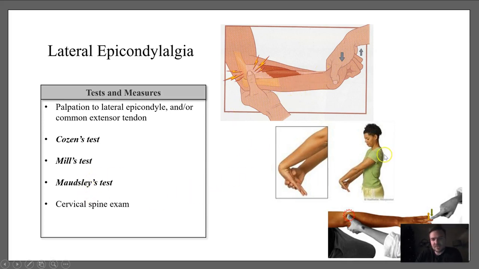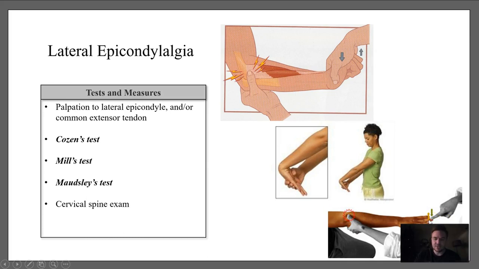Mills test is this picture in the middle. It's just a passive wrist flexion stretch, stretching the wrist extensors, which attach into lateral epicondyle. And because this is a two-joint muscle, you're going to extend the elbow as well. And then Maudsley's test. Maudsley's test is a test for extensor carpi radialis brevis irritation, and extensor digitorum communis as well.